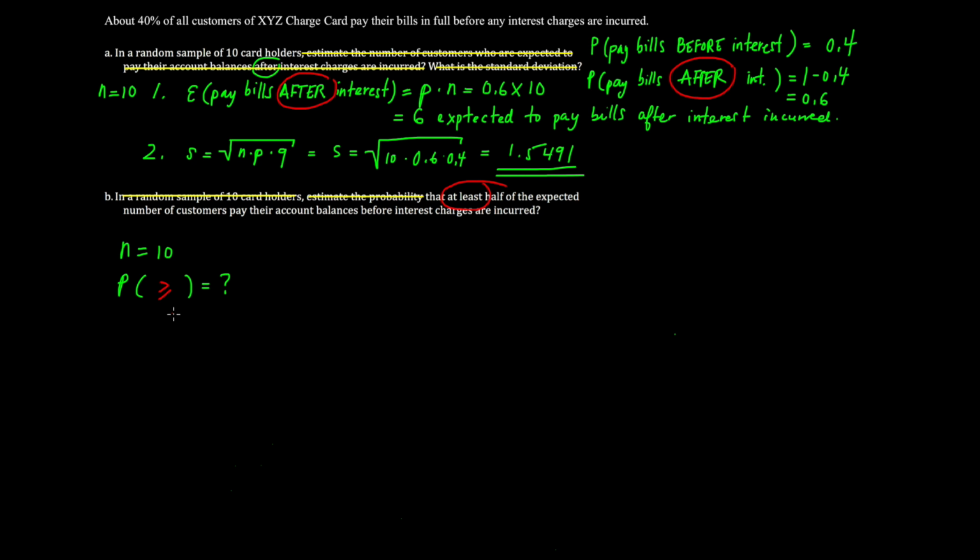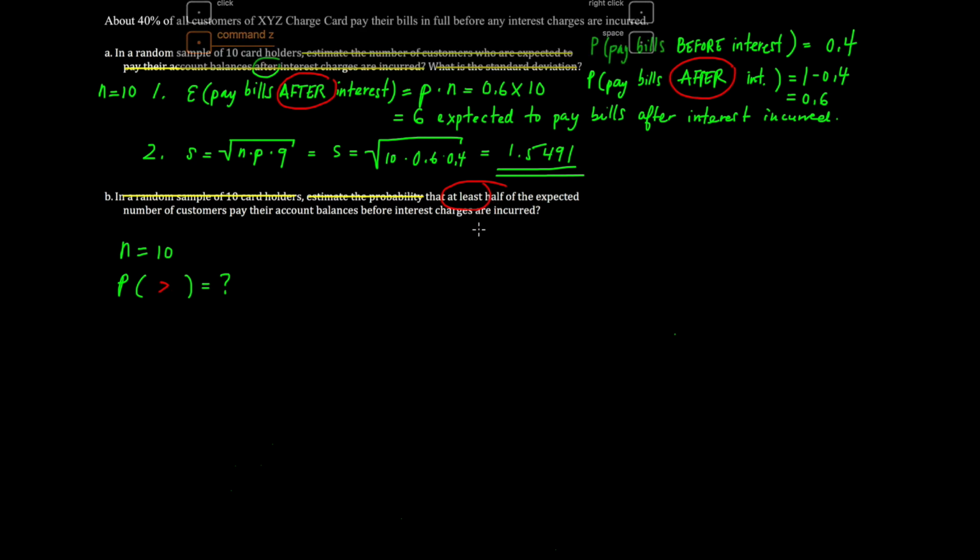Now, greater than or equal to is not the same thing as greater than. At least, we know that it's the same thing as greater than or equal to. Okay, and why I say this is because it's very important not to forget the equal to, because that's going to make a difference.